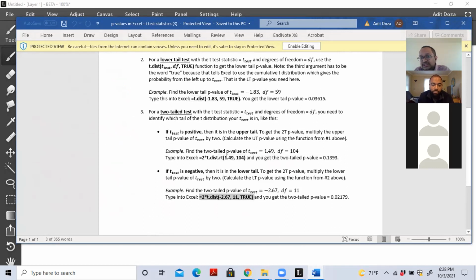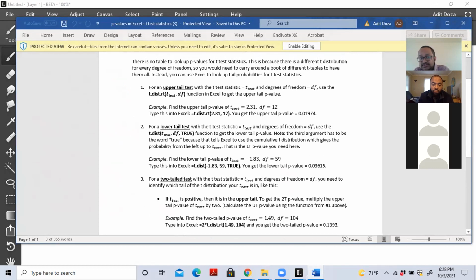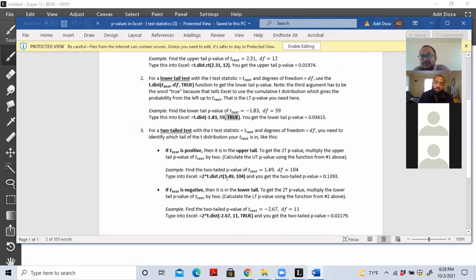For two tail, you can use either the right tail or even the lower tail. For one tail, if it's right tail, then it's like this: there is no TRUE and there is RT. For lower tail, there is no RT, but you have to write TRUE here. So these are the only 4 or 5 combinations that are important.